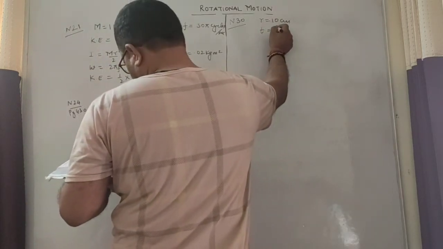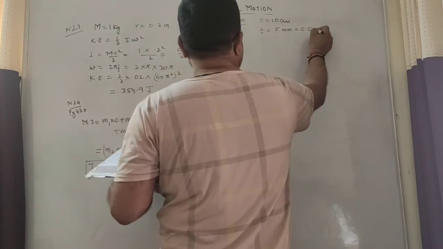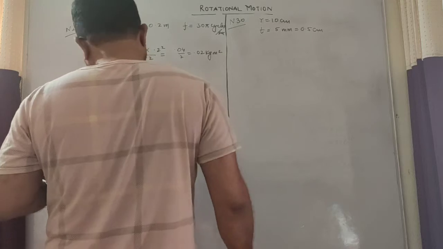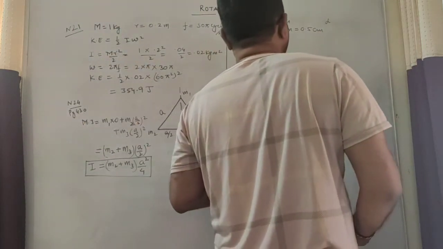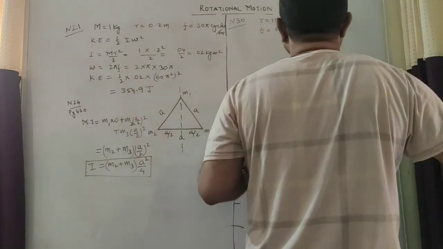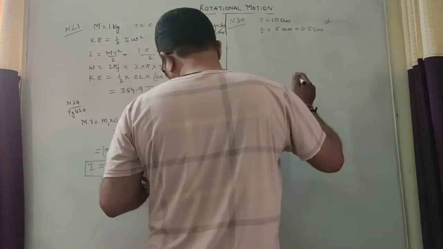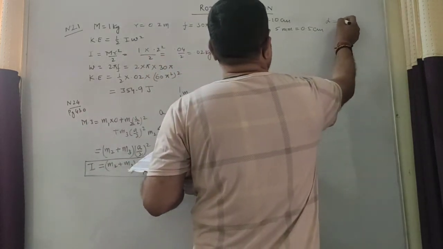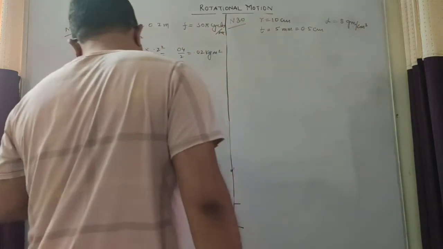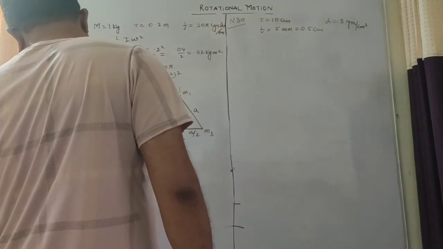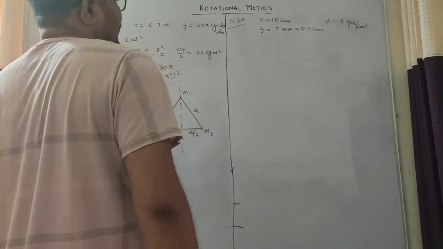Thickness is given as 5 millimeter, which is 0.5 centimeter, and having density as 8 gram per centimeter cube, about an axis passing through its center of the disc and perpendicular to the plane.